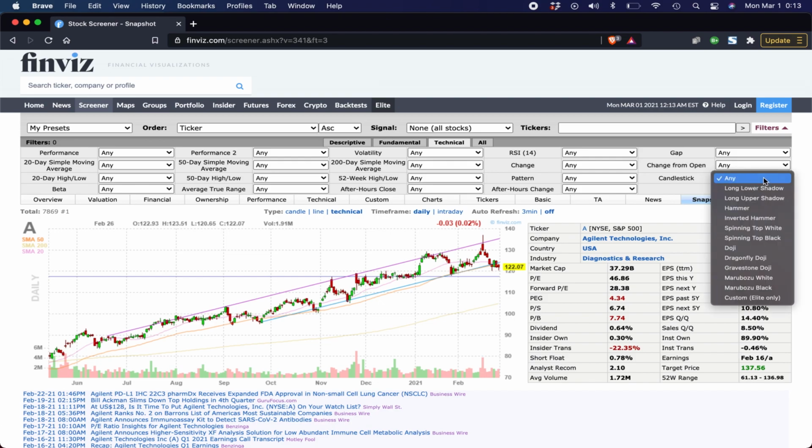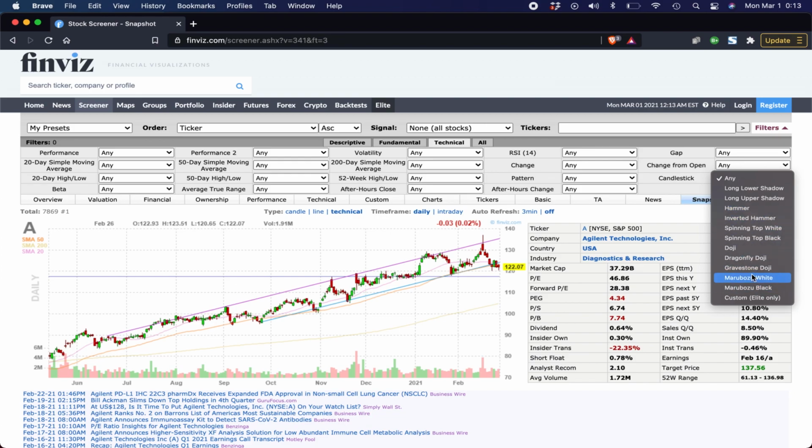Once you hit the drop down here, you can see some of the patterns that we covered earlier in the course, like the doji, the dragonfly doji, the gravestone doji, the hammer, the inverted hammer, and so on.